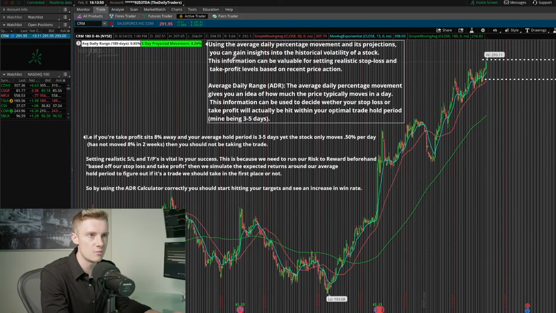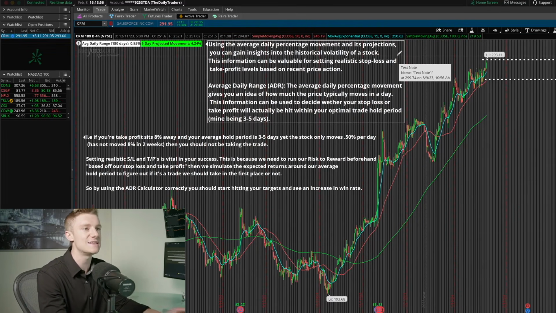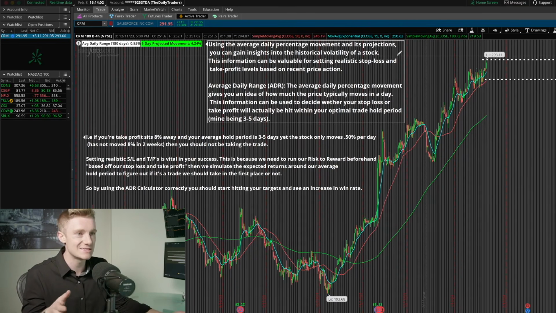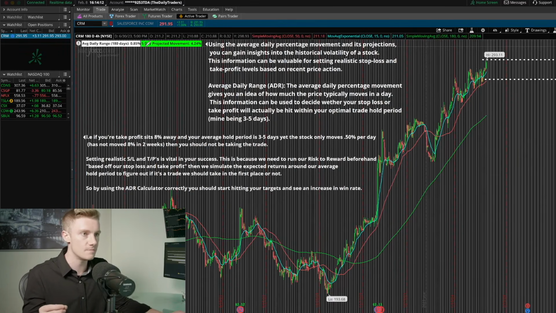So here's a little summary. Using the average daily percentage movement and its projections, you can gain insights into the historical volatility of a stock. Okay, so this information can essentially be valuable for setting realistic stop loss and take profit levels based on recent price action. Okay, so average daily range, ADR, that is this tool right here, okay, that I've plugged into my ThinkorSwim.